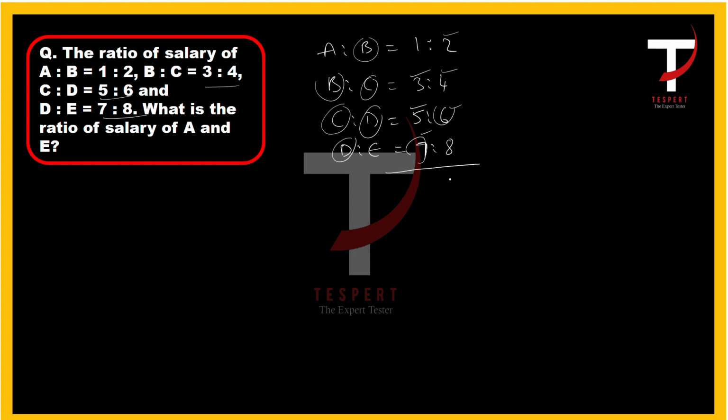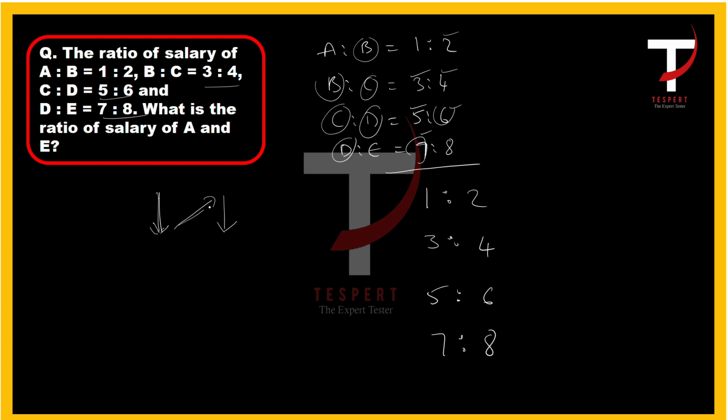We can follow the same method. 1 is to 2, 3 is to 4, 5 is to 6, 7 is to 8. So in the previous slide we calculated this, right? So like this we followed this method.